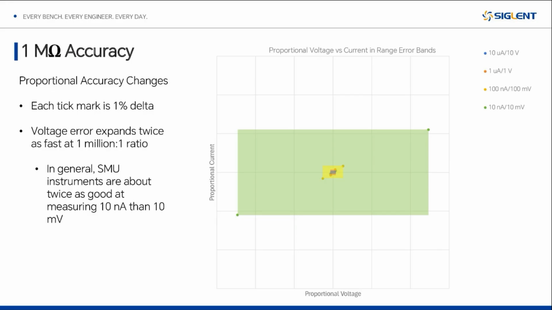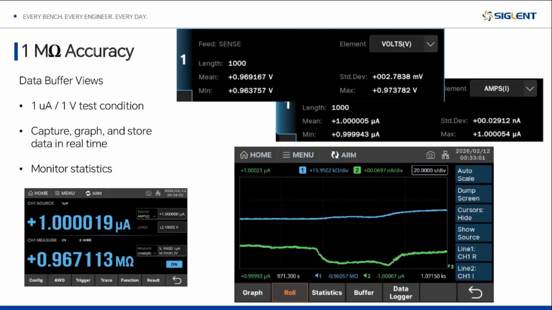So there's a little more noise and uncertainty in voltage space at the millivolt level than the nanoamp level, or at the volt level than the microamp level. It's an important way to think about how best to test your devices, and to make sure you understand what accuracy you're actually getting out of them.